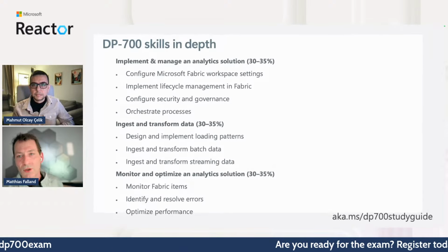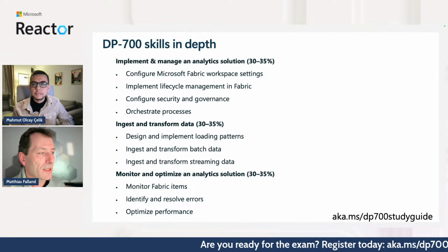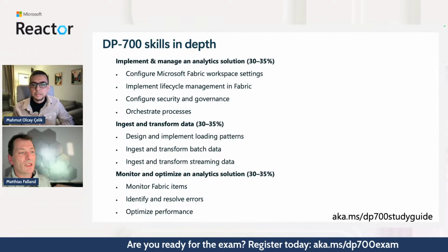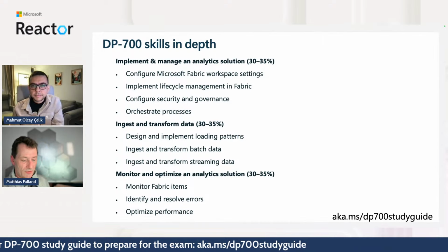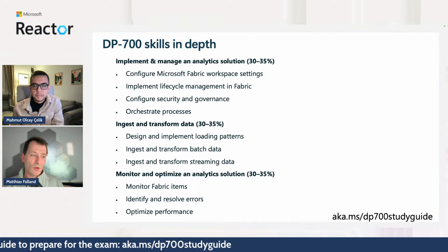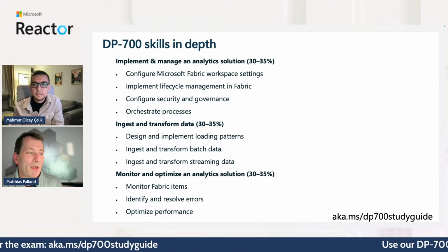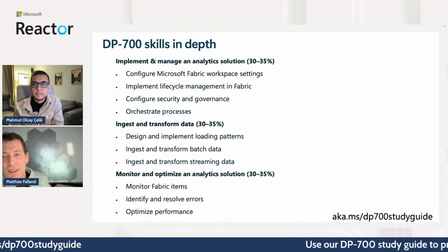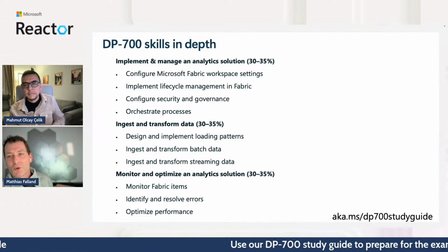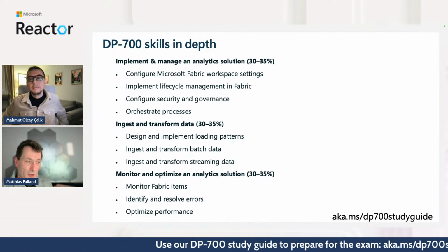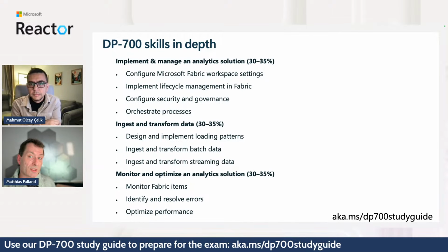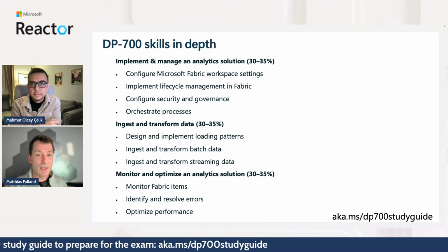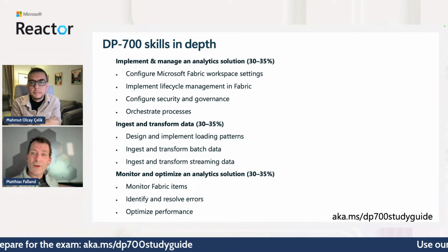So we have the objective domains of the exam: implement and manage an analytics solution, which takes about 1/3, ingest and transform data, which is also about 1/3, and monitor and optimize, which is also 1/3. So very, very equally distributed. Yeah, we will get questions, of course, against those topics, right?